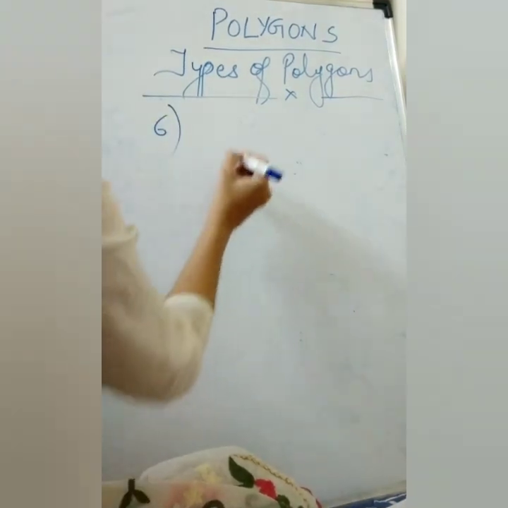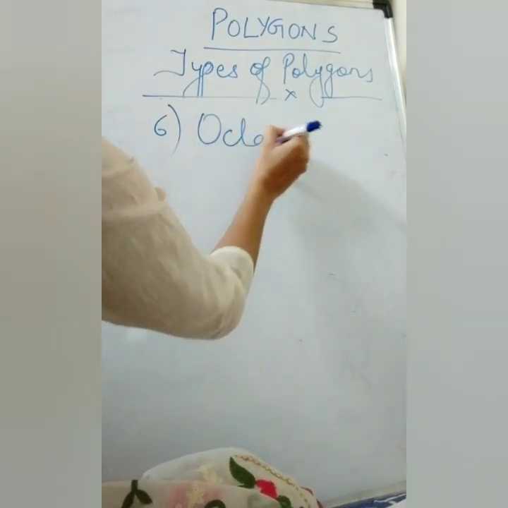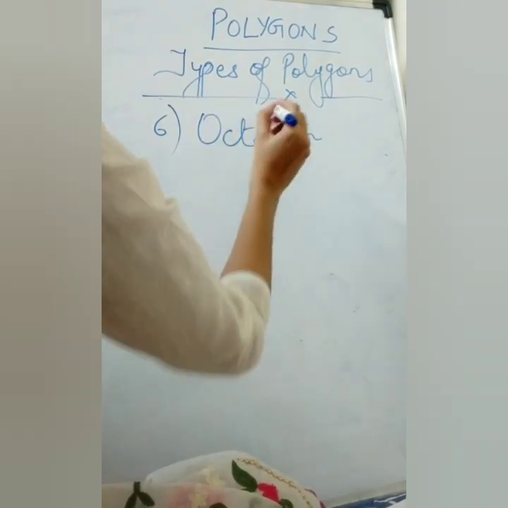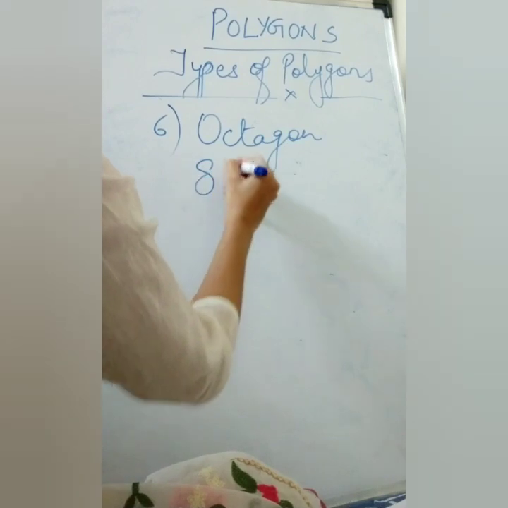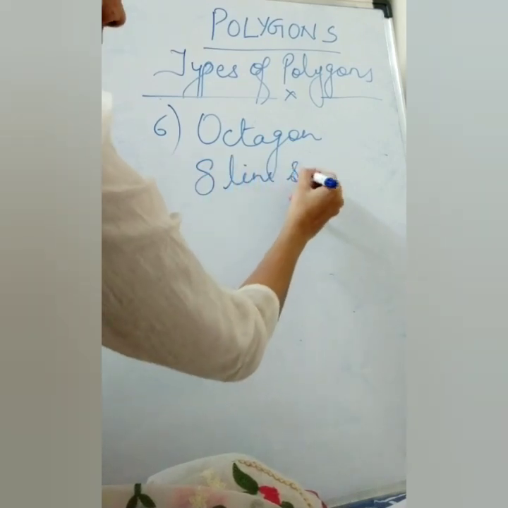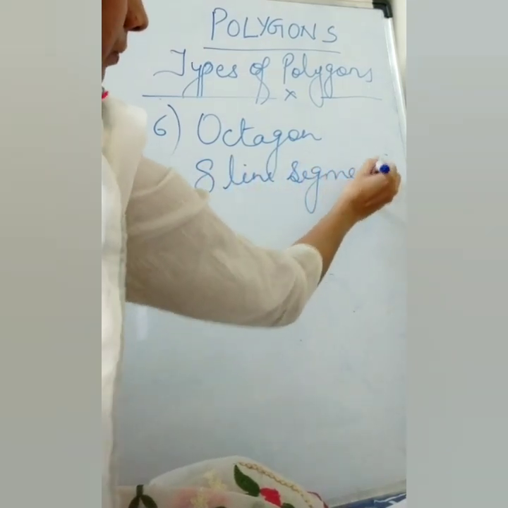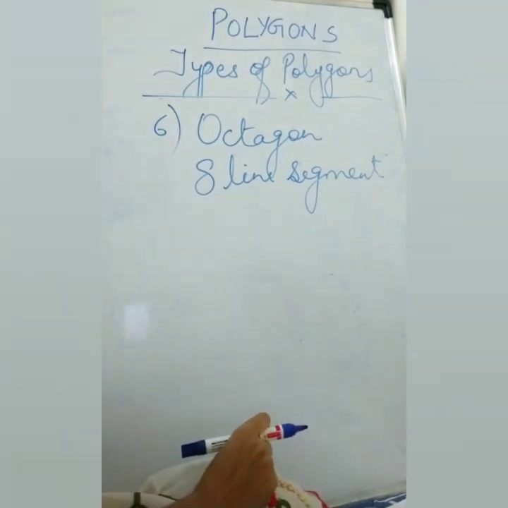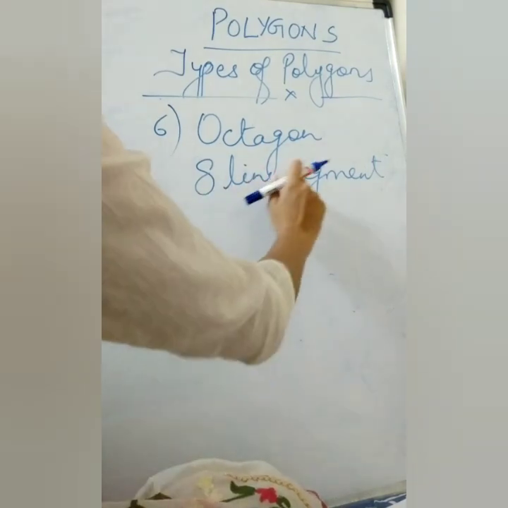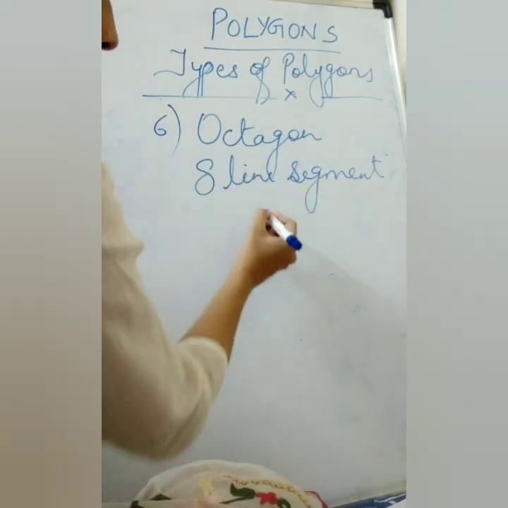Now number 6 is octagon. An octagon is also a polygon with 8 line segments. So it is also a closed figure with 8 line segments. A polygon with 8 line segments is called an octagon.